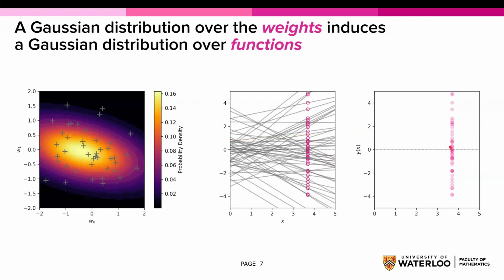But then it spreads out as we get further and further away from that mean. And so if we sampled forever, we would recover the parameters of a new one-dimensional Gaussian distribution centered at some mean and variance.